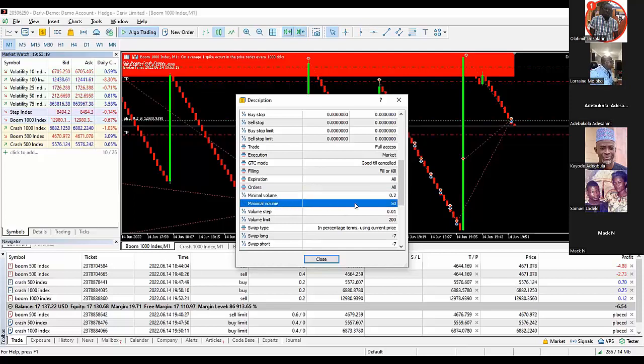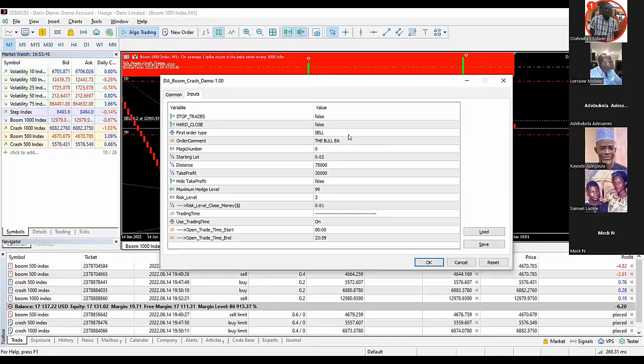And if you come to maximum volume, 50, that means if the market is booming in Boom or crashing in Crash, and more lot sizes are going in, it cannot exceed 50 lot size by default. The software cannot change it. Nothing can change it, because it's the way they configure the asset. So that is why you always see 0.2 here.